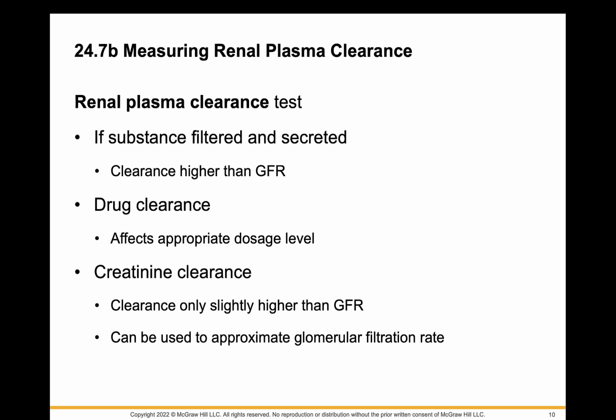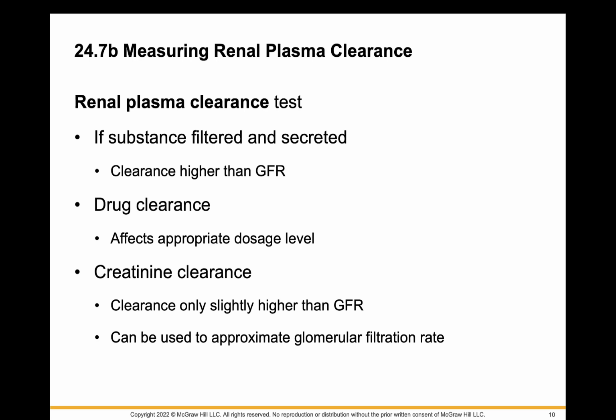And think about this. It is especially important that we know when a drug is completely out of our system, and this is going to have an impact on the dosing of that particular medication, making sure that a normal or the required amount of medication is being left in the blood to act and do its job. So drug clearance helps determine the appropriate dosage level.